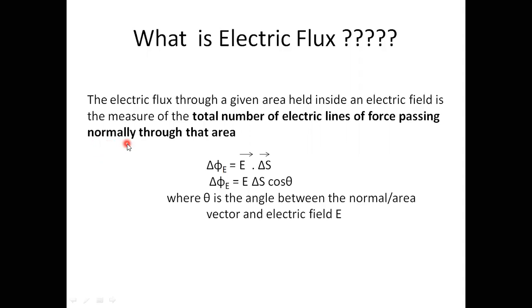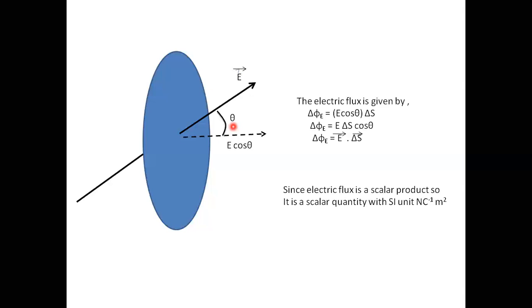That is termed as the electric flux value. So this is how we express electric flux mathematically, E del S. And when you do the dot product, you get another extra factor, the cosine function, and this theta is the angle between the area vector and the electric field. We have already seen this in the diagram.